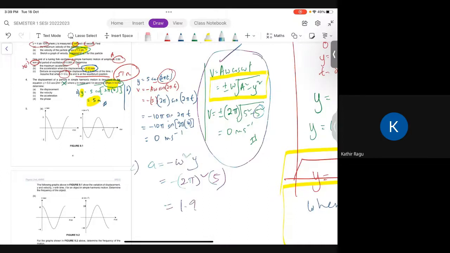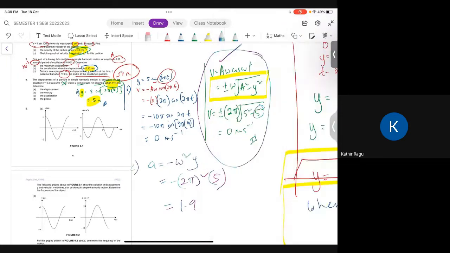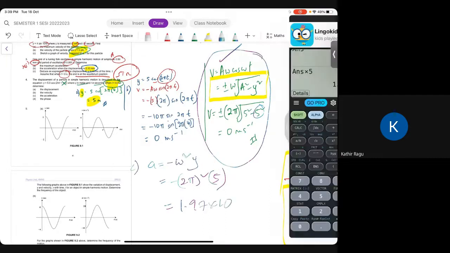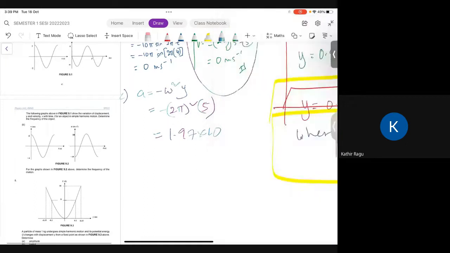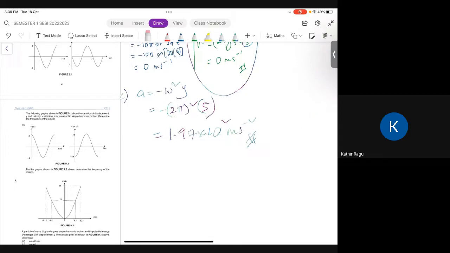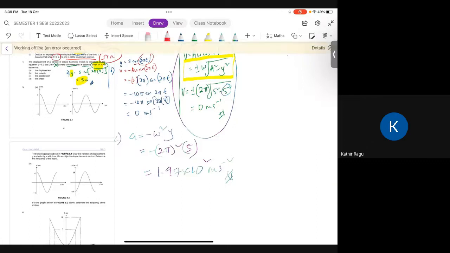Sebab calculator ni dalam bentuk power ni. 1.97 times 10 power of 2. So unit ms negative 2. Okay. Boleh tak? Ada negatif ke depan? Sorry. Yes, ada negatif. Jangan lupa tinggalkan negatif je.